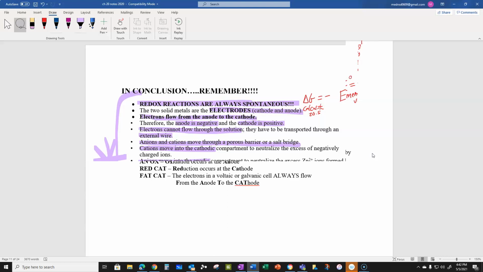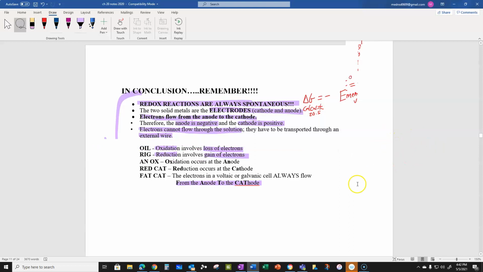Oxidation involves loss of electrons. Reduction involves gaining electrons. I've seen An Ox, Red Cat: oxidation anode, reduction cathode. I've even seen a student say Fat Cat, from anode to cathode. I thought that was pretty genius. The electrons will always go from anode to cathode. Whatever mnemonic device helps you, ladies and gentlemen, you do what you got to do.